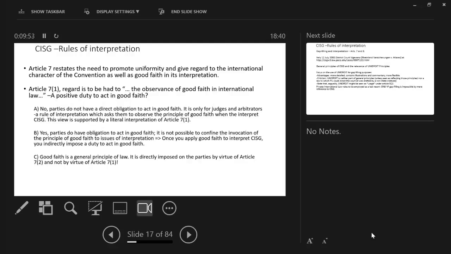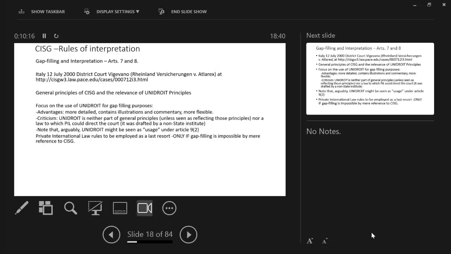It is only for judges and arbitrators a rule of interpretation which asks them to observe the principle of good faith when they interpret the CISG. And some say that it's a general principle of law and directly imposed by Article 7 directly.